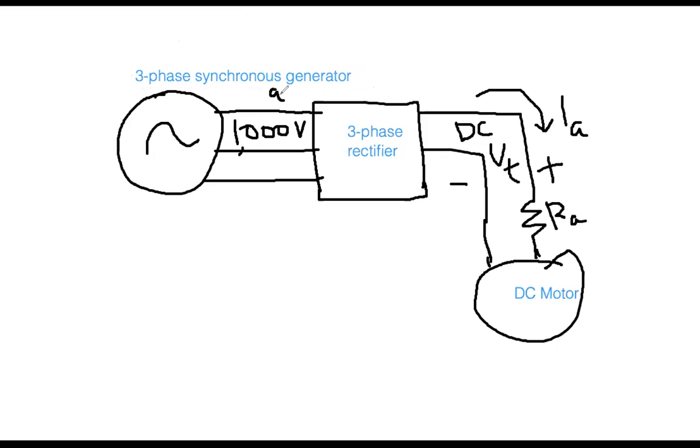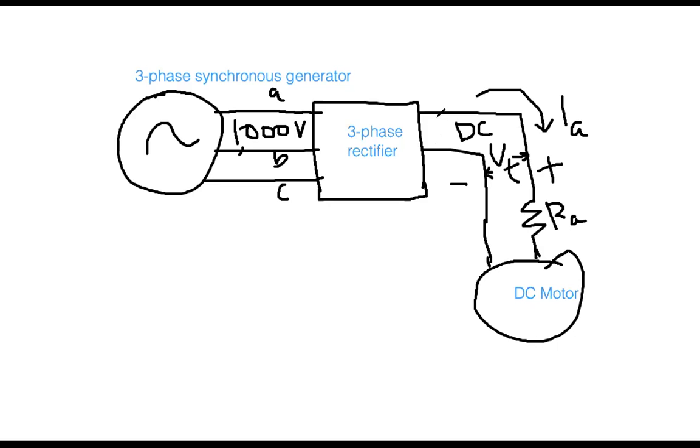Of course, this is A phase, this is B phase, and this is C phase. So you see, for that problem, this will be the schematic. So everybody say, this is your actual DC motor, and then it has the armature resistance. Although I am showing it here, you assume that this is part of the motor, a brief schematic, and then the armature current is going through the armature coil. So this means here you are getting VT.